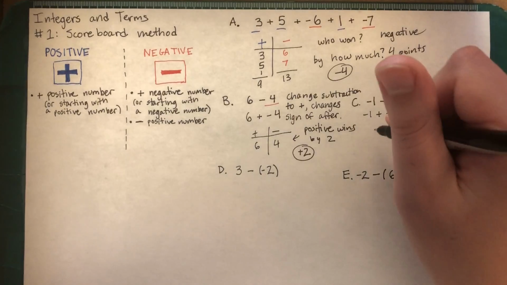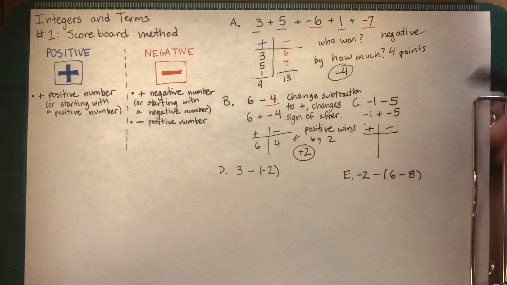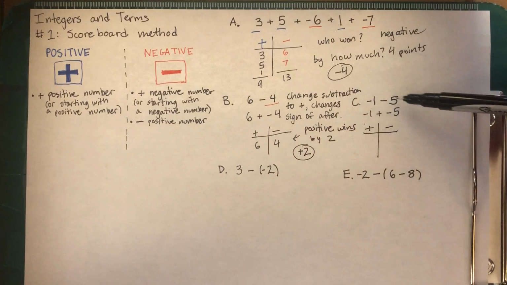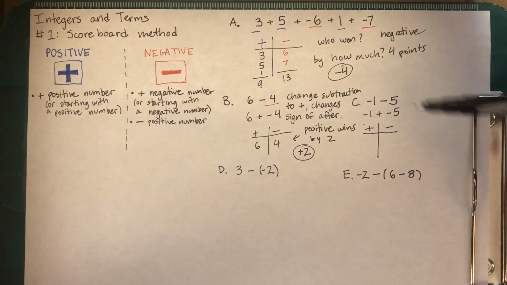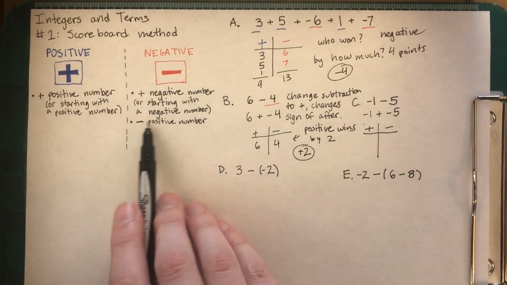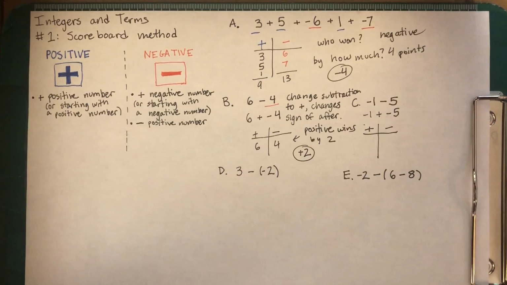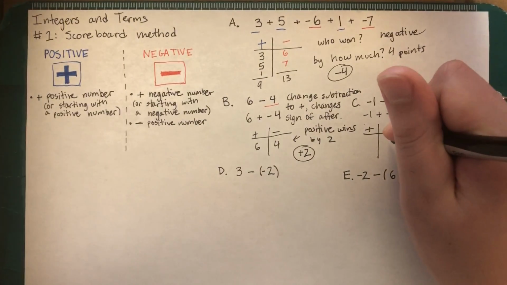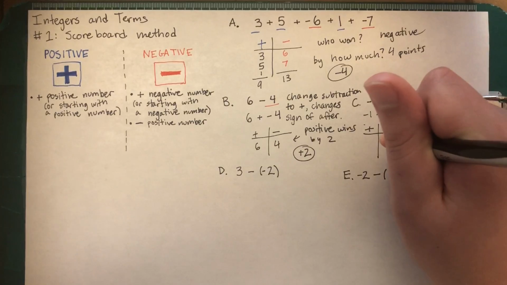Either way, you should recognize that both of these numbers belong to the negative team. This is just a negative number that we're starting with. And here we are subtracting a positive number, or we're adding a negative number. Either way you want to think about it, both of these are points for the negative team.